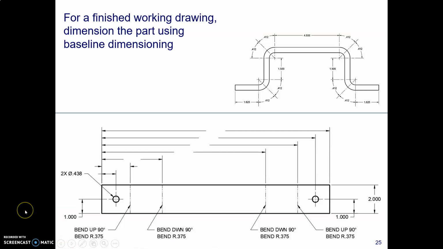So for actually dimensioning the part, you will want to convert all those lengths you found to baseline dimensioning, which I've shown at the bottom of this slide, all the lengths coming off the same baseline. That eliminates tolerance stack up, and it also does a favor to your press brake operator, who can just hook a tape measure at one end, stretch it out across the flat bar, and with a pencil go mark, mark, mark, mark, and be done. So that would be your finished drawing.